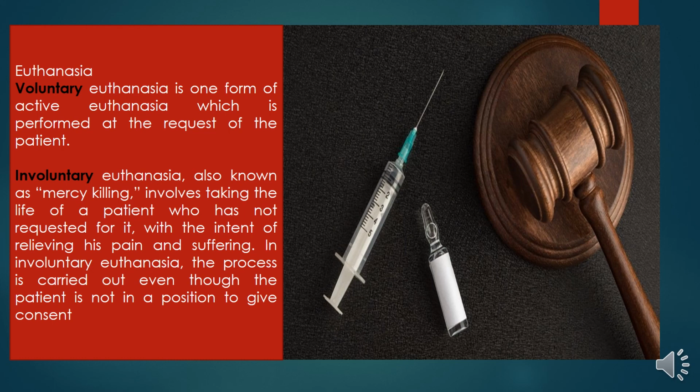A close family member usually makes such a decision, and this is generally done when someone is completely unconscious or permanently incapacitated. So it usually involves passive euthanasia, such as withdrawal of life support from someone who is showing no signs of brain activity. It is also known as mercy killing.